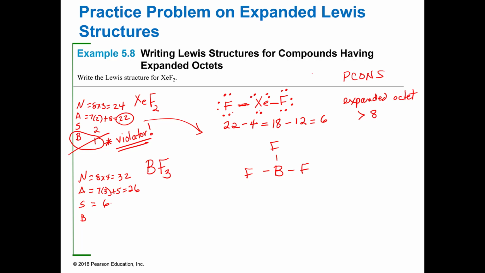So that's 6, and it says 6 divided by 2 is 3 bonds. That's what I'm showing. So I'm going back to my 26. I'm thinking, okay, I'm going to have extras on the boron, right? That's why you go through the steps, because sometimes it'll trick you. So I've got 2, 4, 6. That leaves me 20.